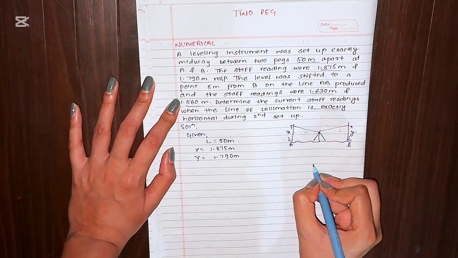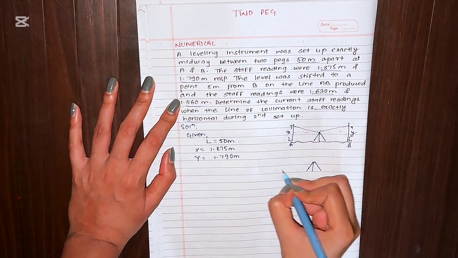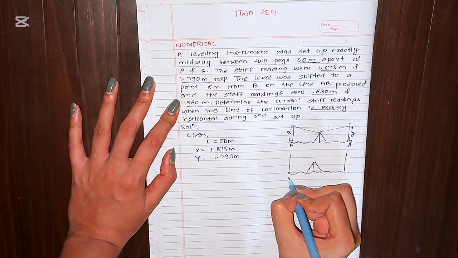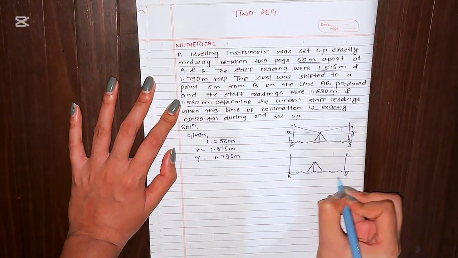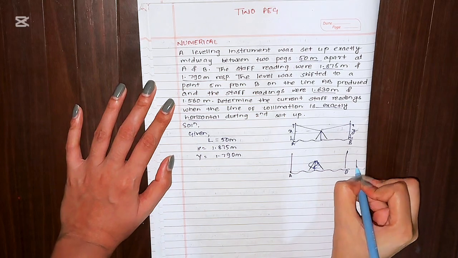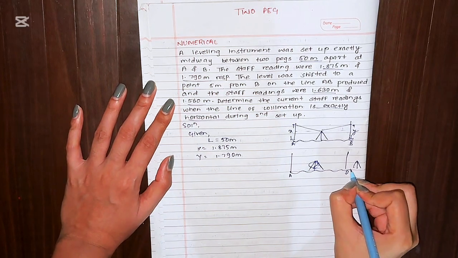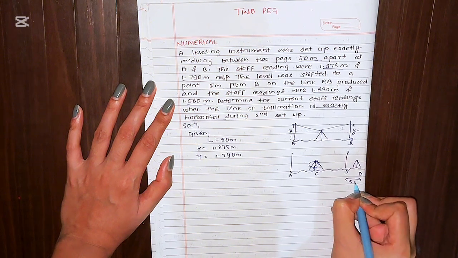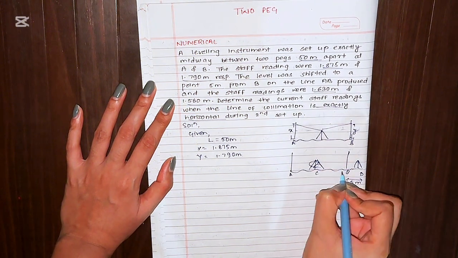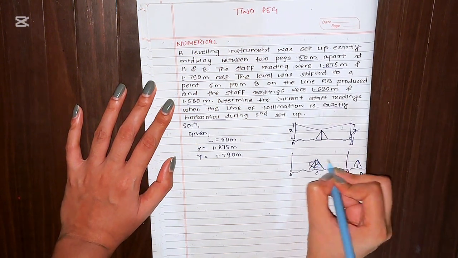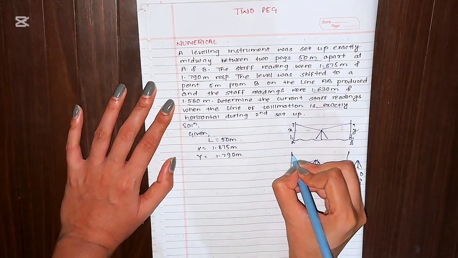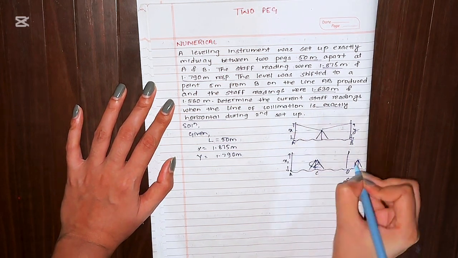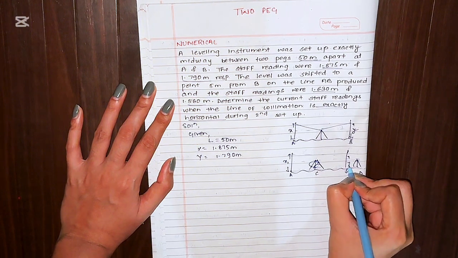So this is shifted to B. This is A, this is B, sorry, this is shifted to B. So this is C and this is point D. This is 5 meter now. This will be X1 and this is Y1.